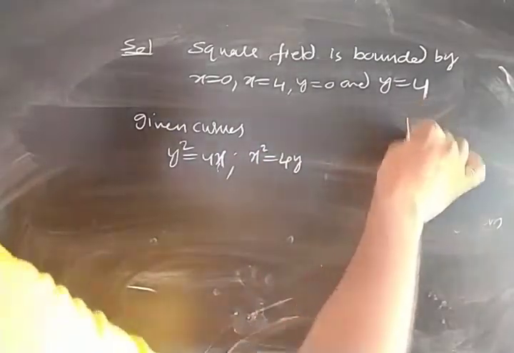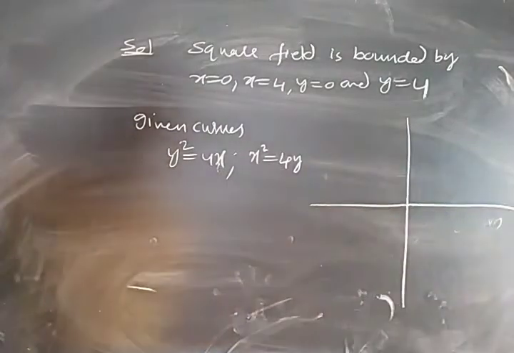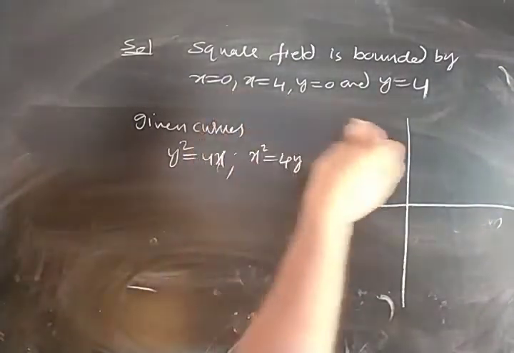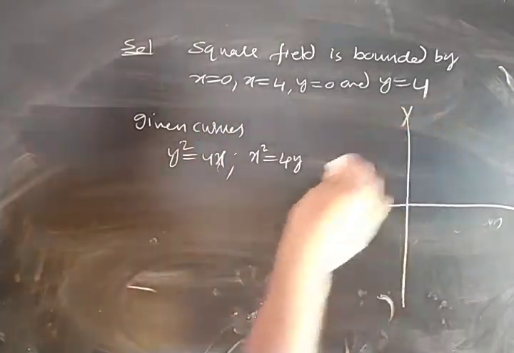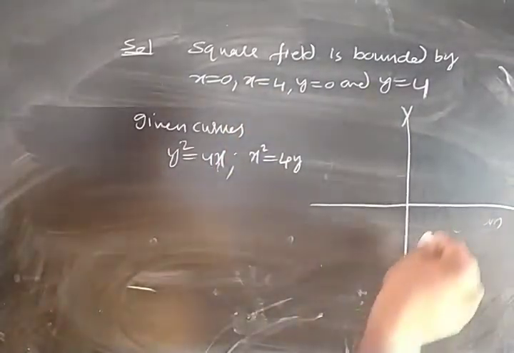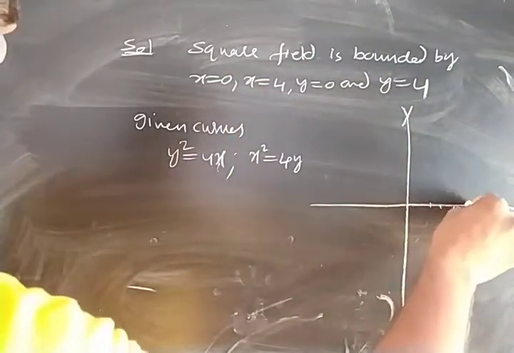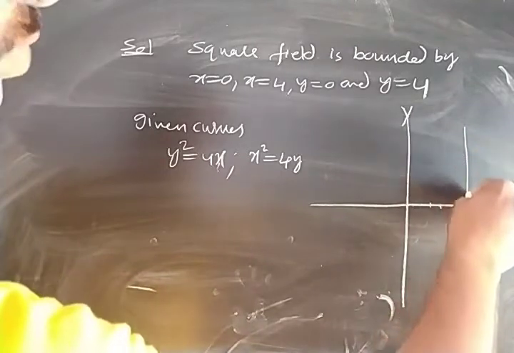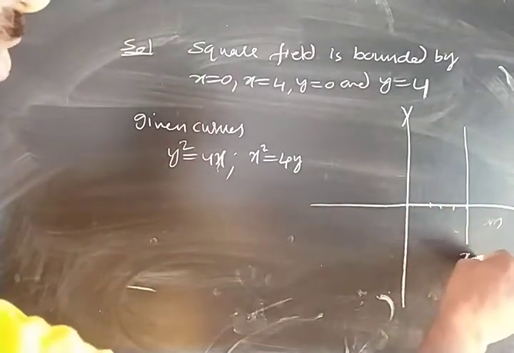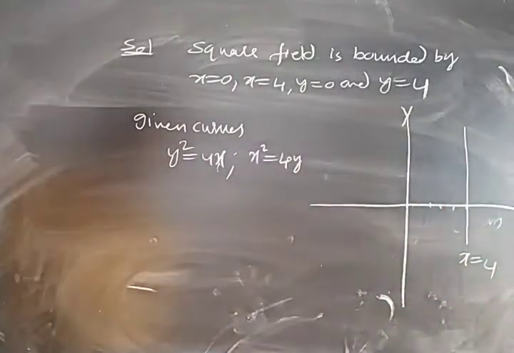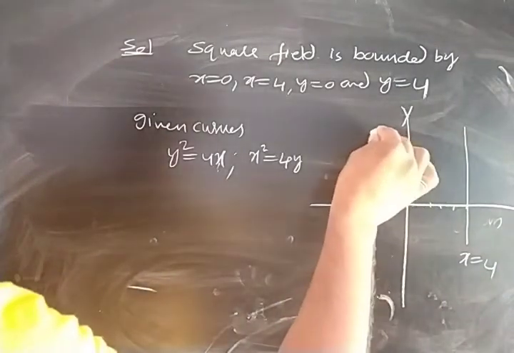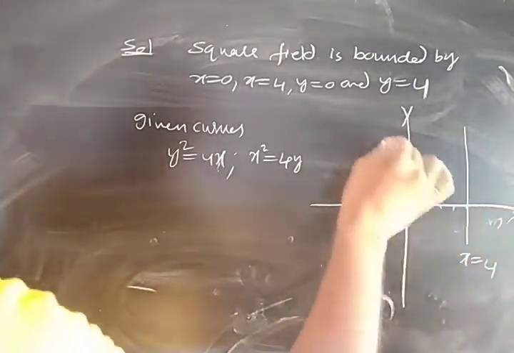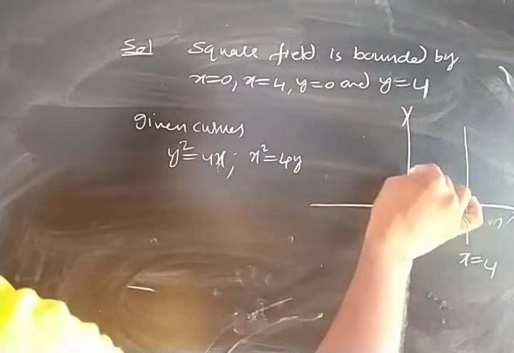So I am going to draw the square field which is lying between x equal to 0, which represents the y axis, and x equal to 4, which is vertical, cutting the x axis at 4. y equal to 0 is the x axis, and y equal to 4 is a horizontal line cutting the y axis at 4 units.